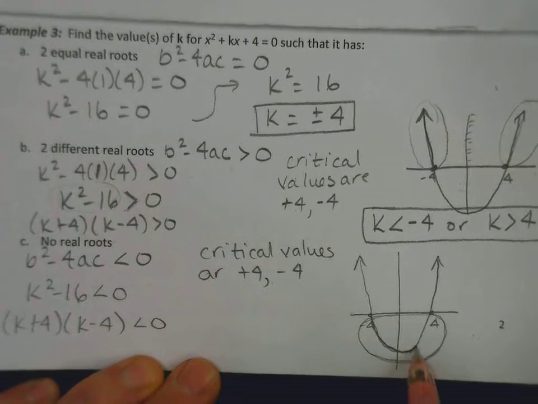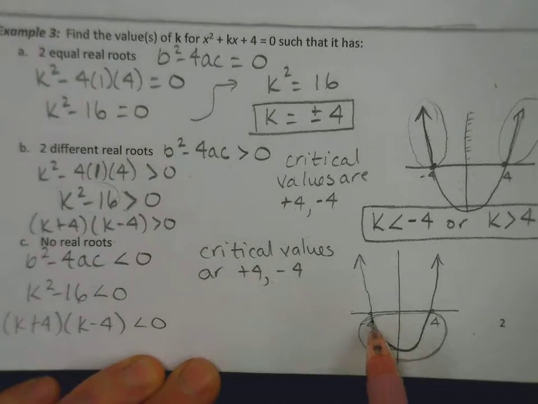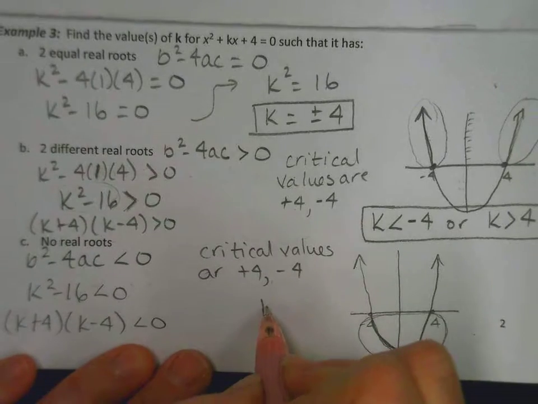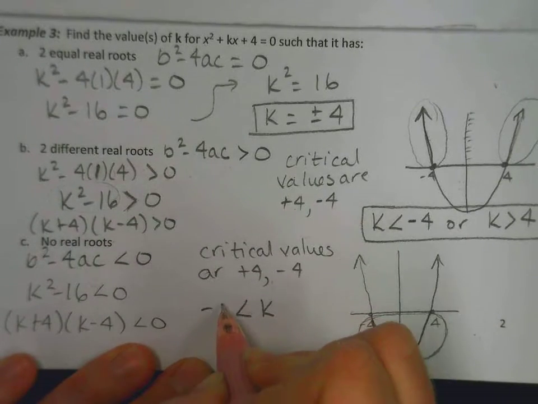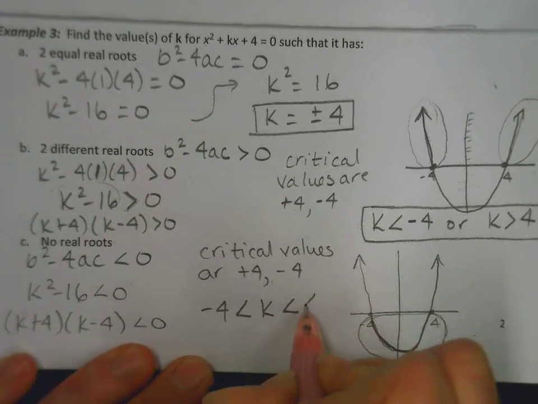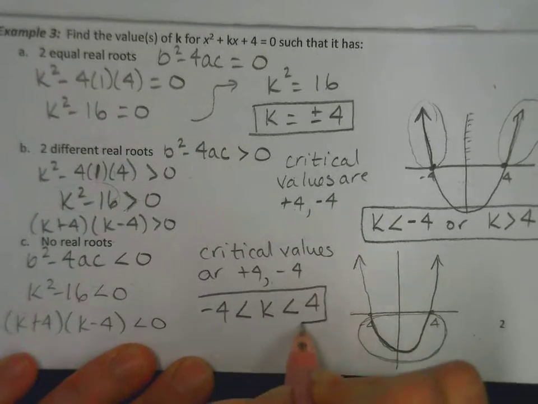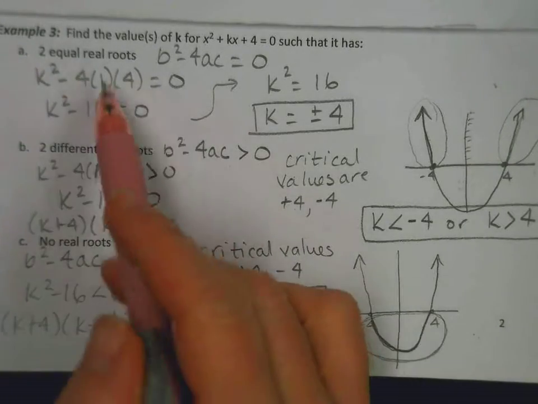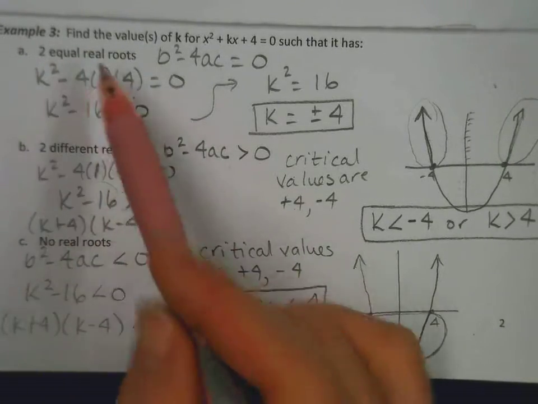On this part of the graph, my x values are increasing from negative 4, but decreasing from 4. So my k value would have to be greater than negative 4, but smaller than 4. So it's going to be in between these two values. Okay, and that is how you find the values of k in order for these three things to exist.